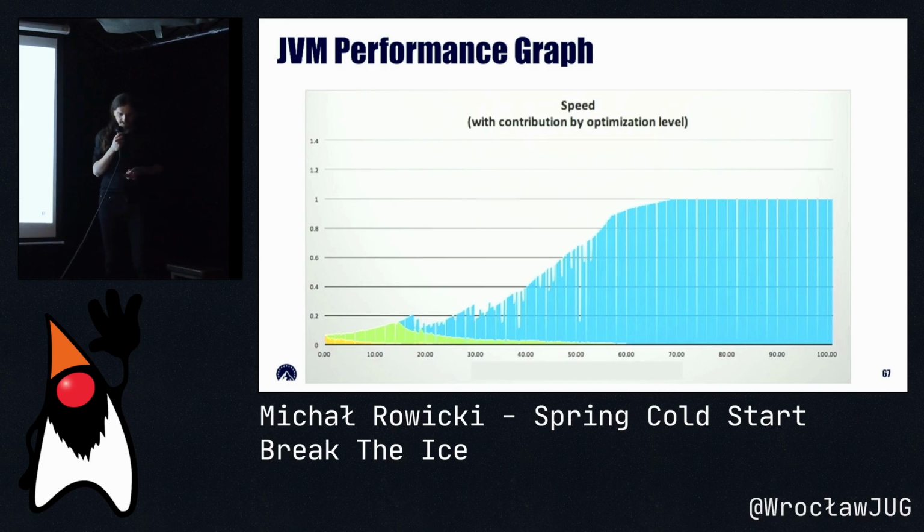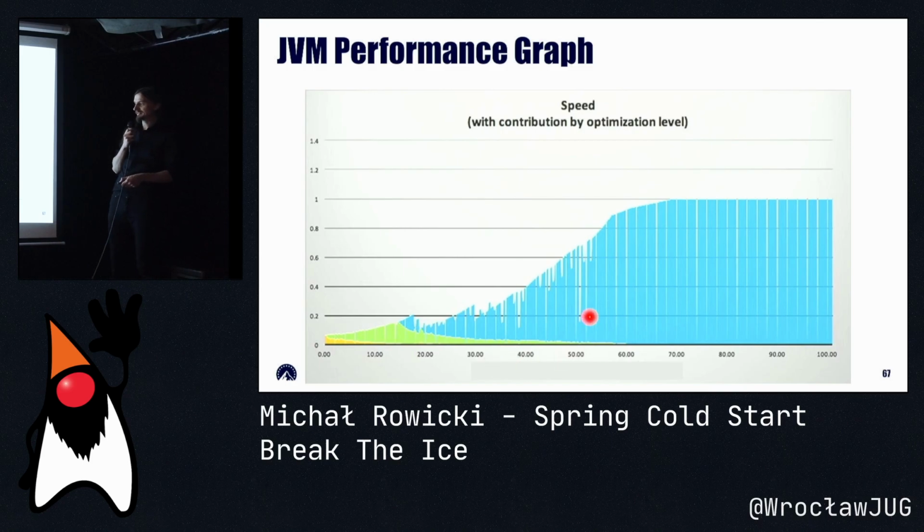And when should we make this snapshot of our application? On the y-axis, we can see velocity, like throughput, let's say. On the x-axis, we can see the time. So when we start the JVM application, firstly, we interpret the code. After that, the C1 compiler starts to compile the code, but it's not very efficient.